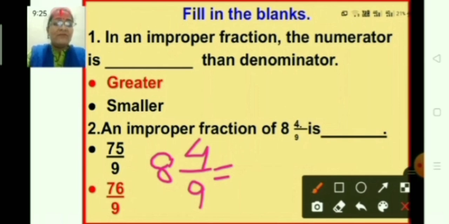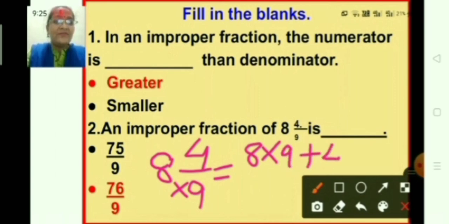For this, what we do, we multiply the whole number and the denominator first, that is 8 into 9, and to this multiplication we add 4, and we keep the same denominator 9.